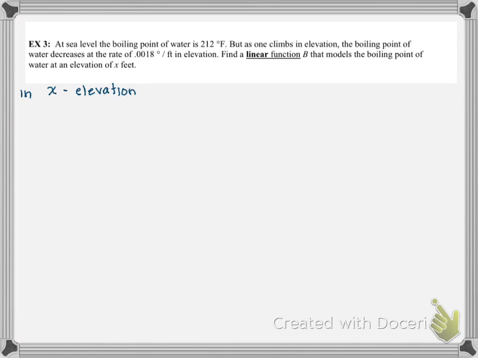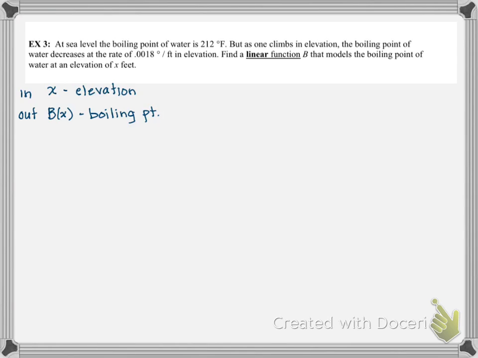So that's how I know that x is my input. So my output is going to be b of x, and that's my boiling point. So whatever it is that the equation or the function gives you is what your output is.